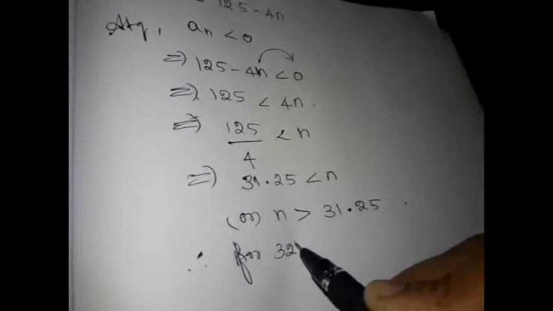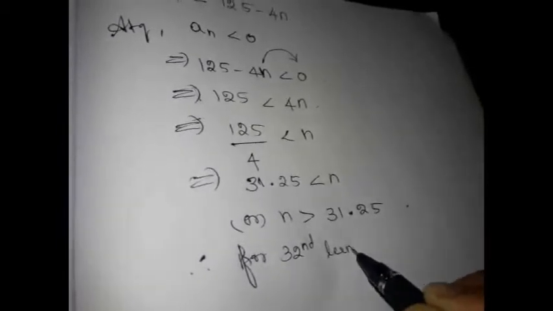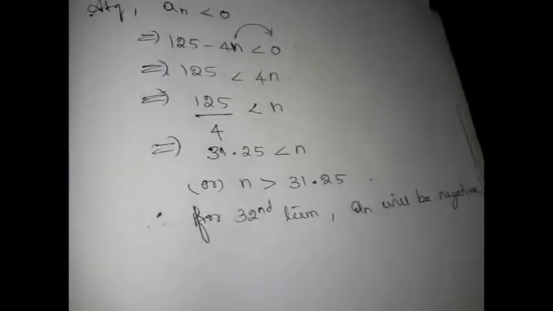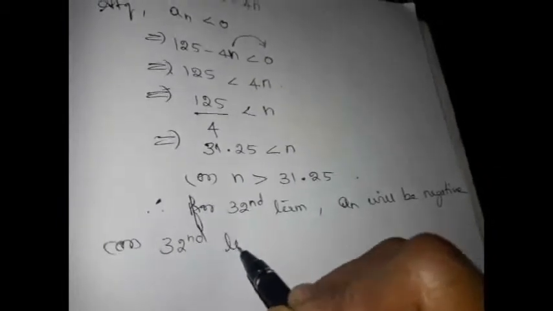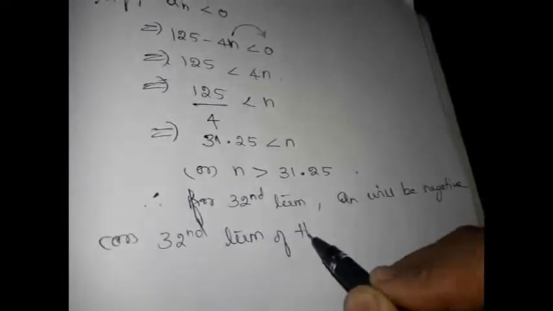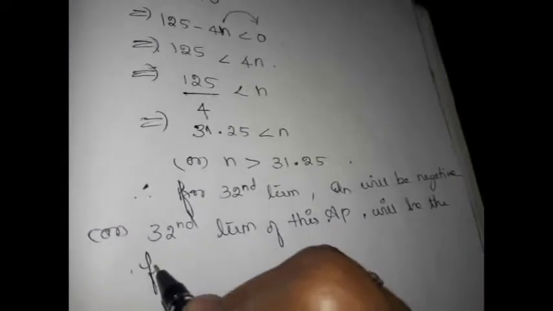Therefore for the 32nd term, an will be negative. Right? Why have we taken it as 32? Because n should be greater than 31.25. Therefore, we can write the 32nd term of this AP will be the first negative term.